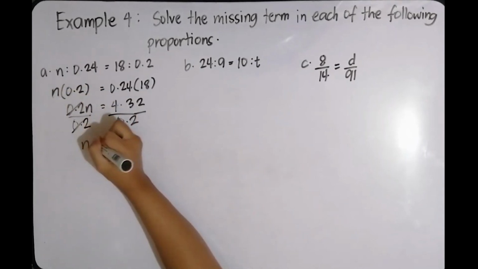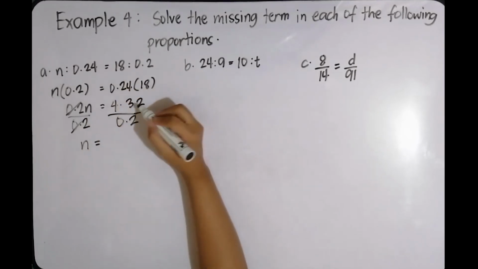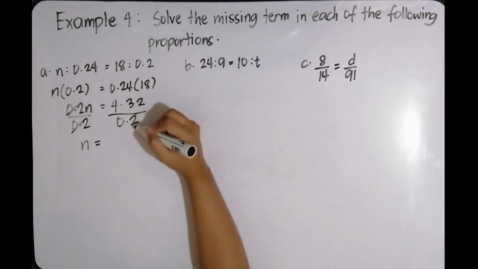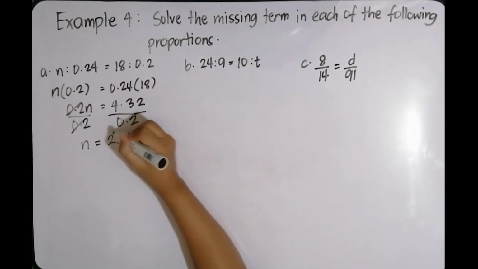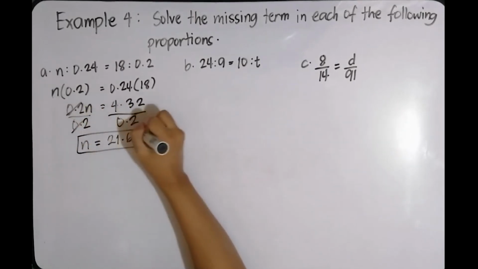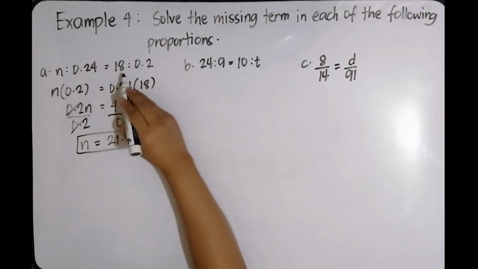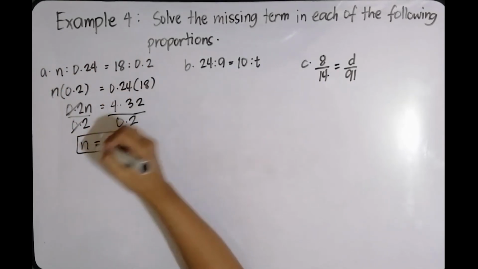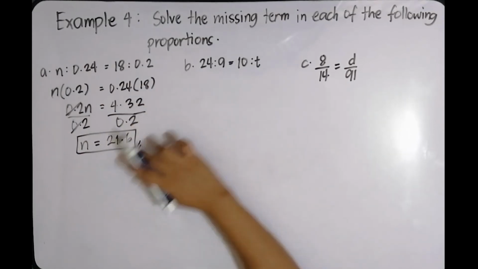So we have remaining n, 1n equals 4.32 divided by 0.2. So that is equal to 21.6. So our first term or the missing term in this proportion, n is to 0.24 equals 18 is to 0.2, is equal to 21.6.